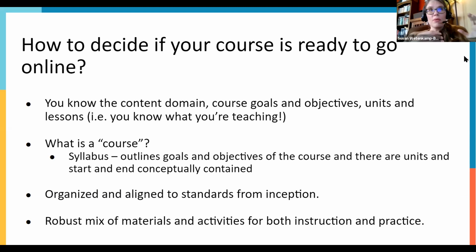A rule of thumb that I give people for deciding whether they have a course that meets the course definition is to think about whether you have or could make a syllabus for your course that would outline the goals and objectives, what the units are, and what learning will happen in each of those units. How will you know when you've gotten to the end of your course? If you can write a syllabus like that, you probably have a course that meets the course definition.